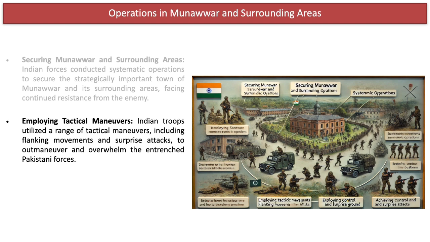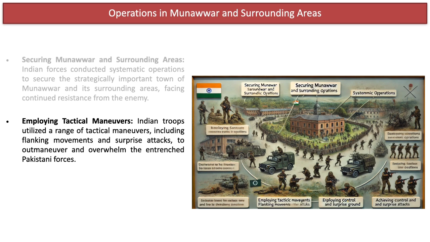The combination of flanking movement and surprise attacks was devastatingly effective. It allowed the Indian forces to bypass heavily defended positions, strike at the enemy's weak point, and maintain the momentum of their advance. The Pakistani forces, expecting a conventional battle, were unprepared for this kind of dynamic and adaptive warfare.